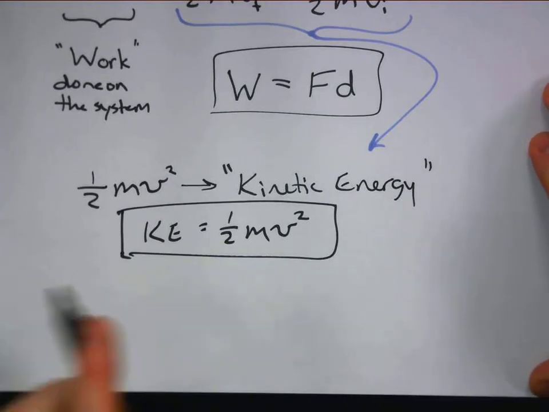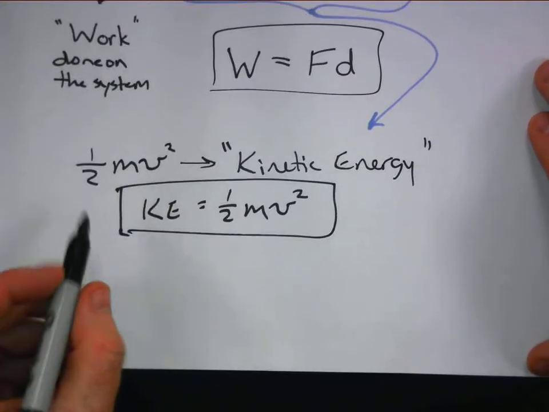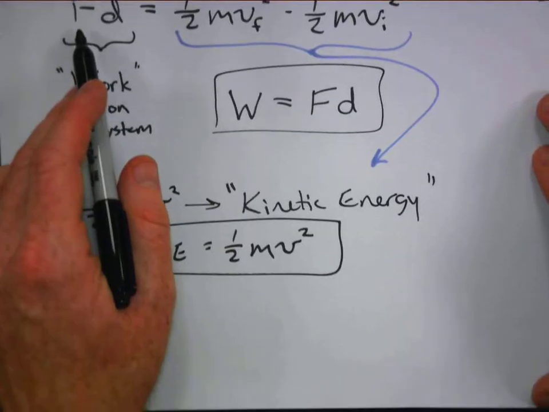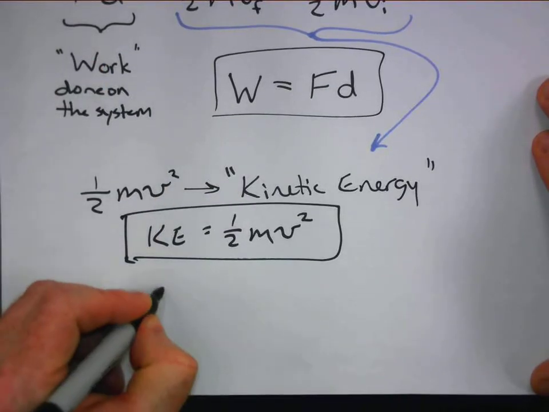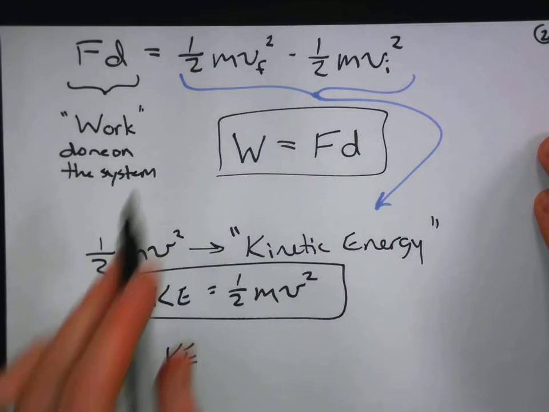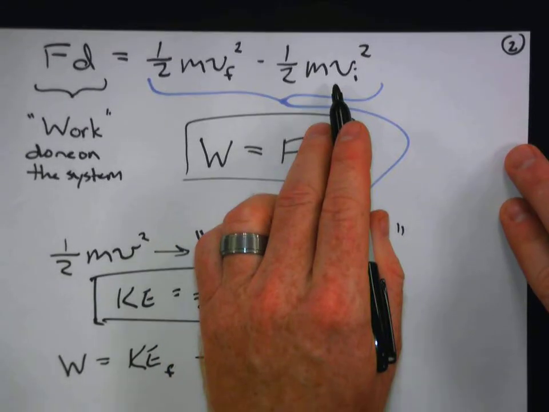And we're going to substitute in the work for this business over here. We'll write a W. And so this initial equation will look simpler. There we go. Work is equal to, well, here this is final kinetic energy, and this is initial kinetic energy.